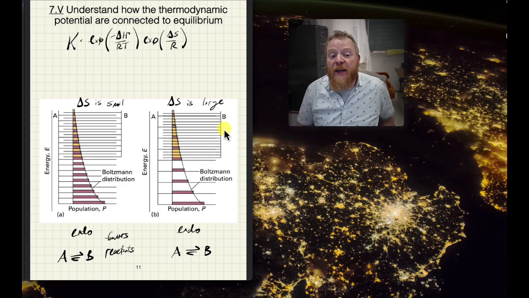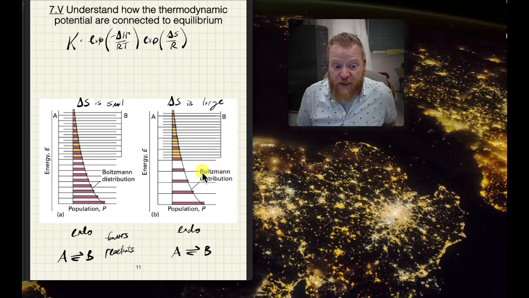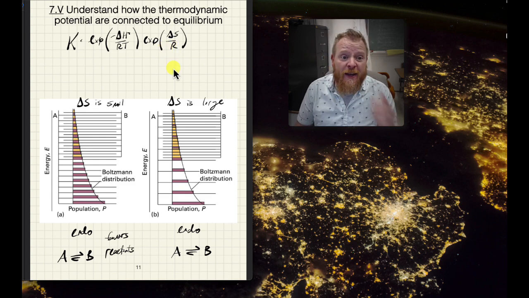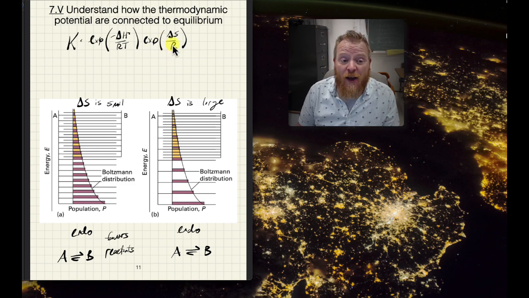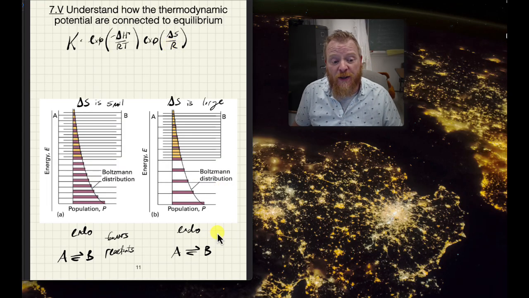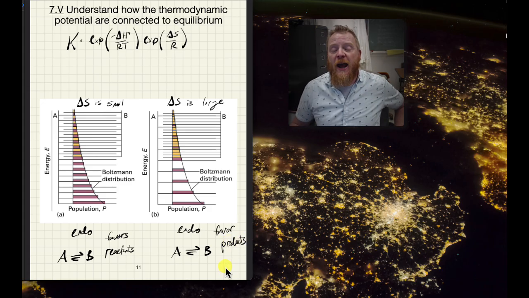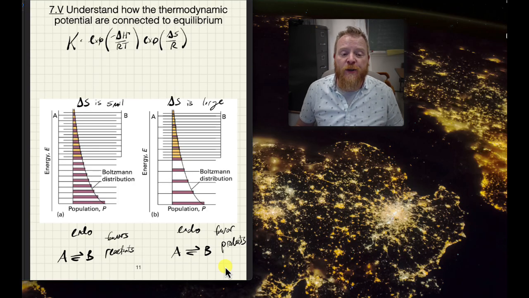So there is a big change in the number of microstates going from A to B. So that's how we can conclude delta S is large here. And because delta S is large, that means this chunk of the equation will win. So this would favor products, right? So it's not necessarily universal that endothermic reactions only favor reactants.